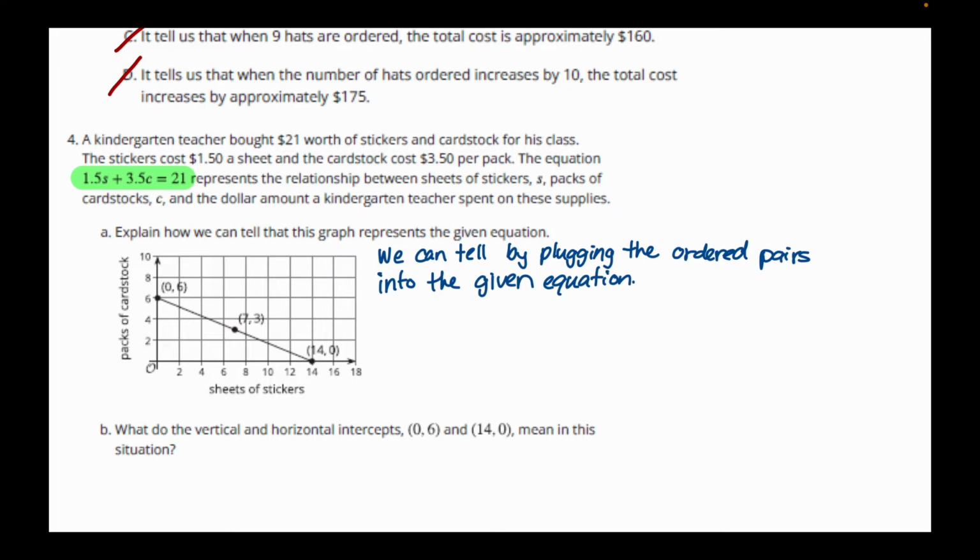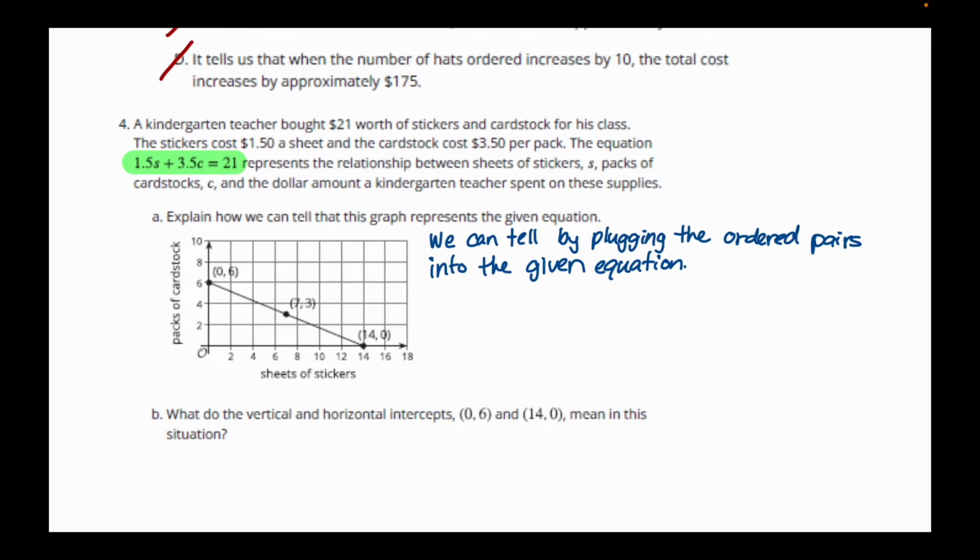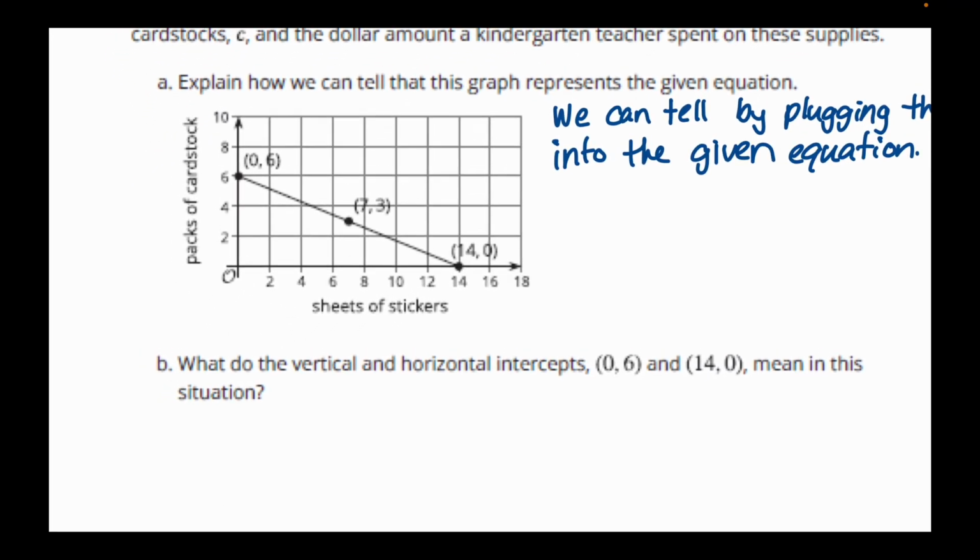So I'm going to leave that one there as that explanation because we're going to continue to actually talk about B, which is another way we can tell. We're going to say, what do the vertical and horizontal intercepts mean in this situation? So let's go one by one. (0, 6) means he bought.